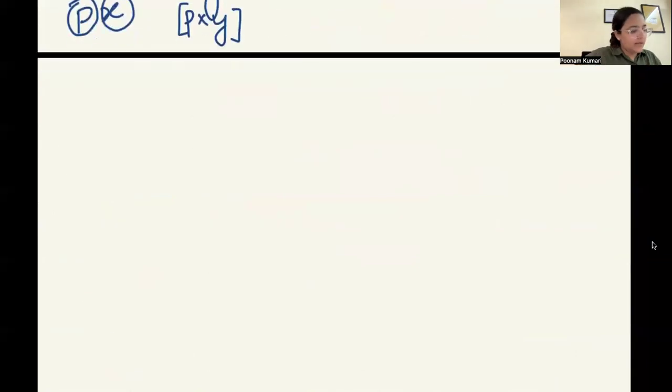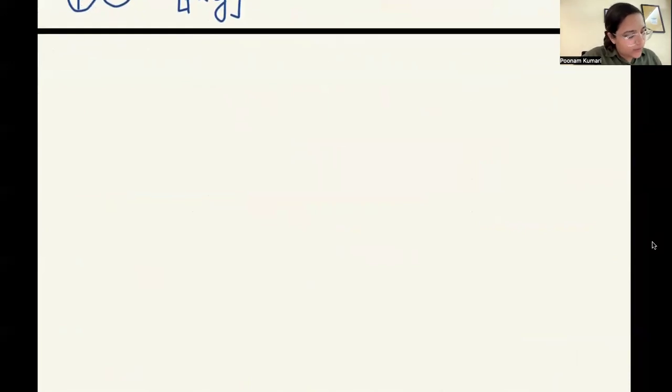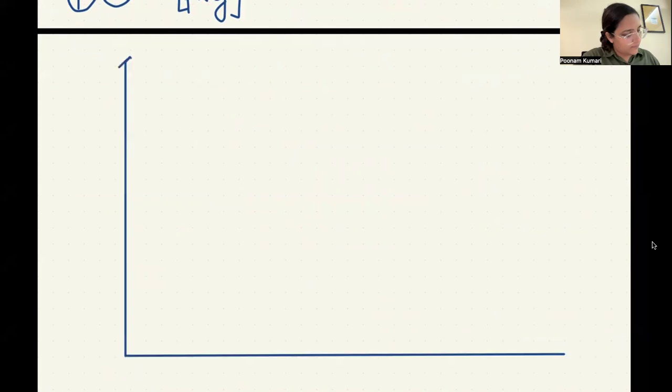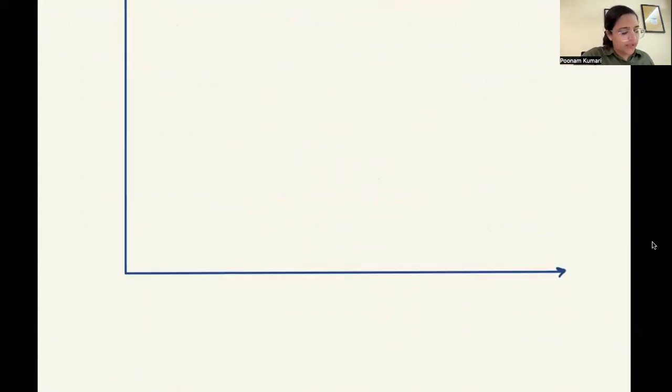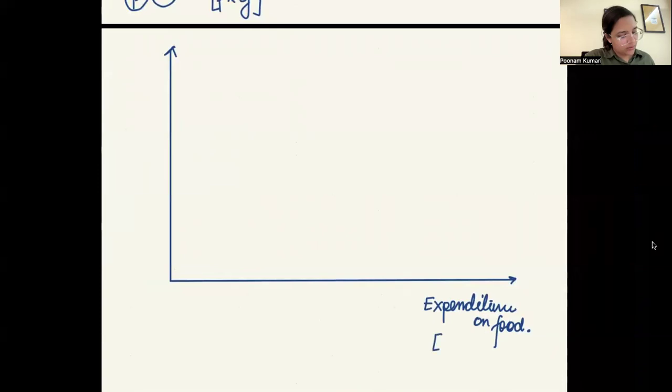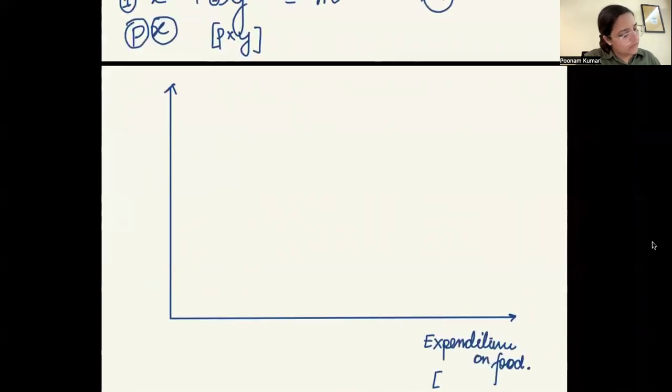So I have two things. On the x-axis, I have expenditure on food, and this is expenditure on everything else.